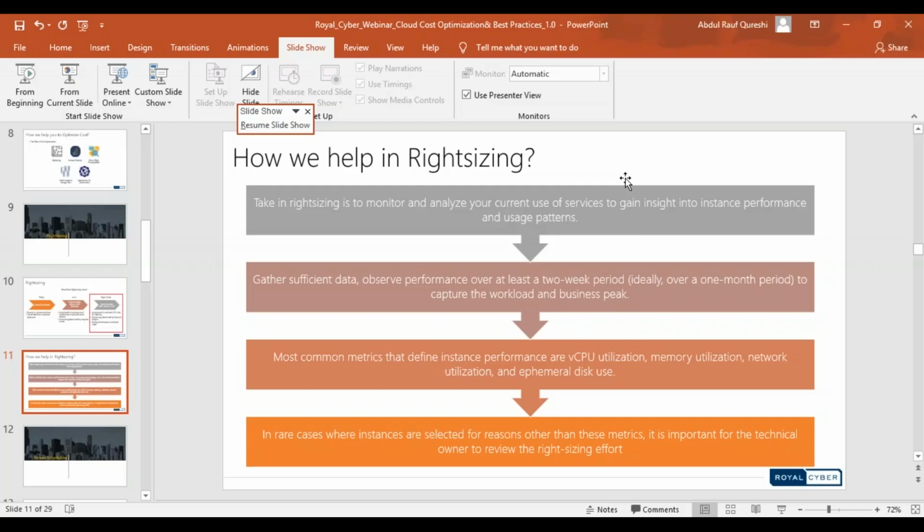These are the most important fundamental characteristics we need to go through with proper historic analytics of the data or the workload, including the application systems which are working on these things. In the rare case where instances are selected for reasons other than these metrics, it is important for the technical owner to review the right sizing effort.